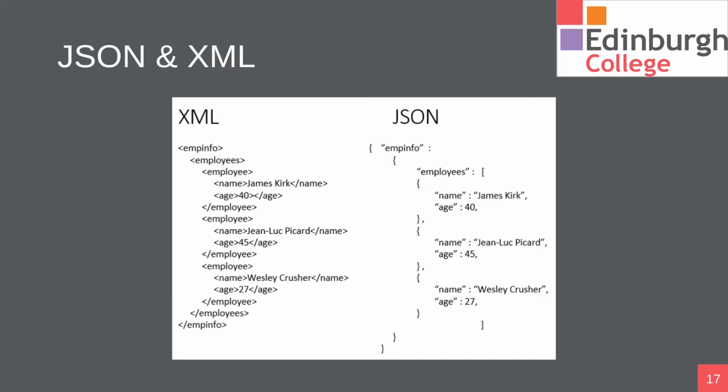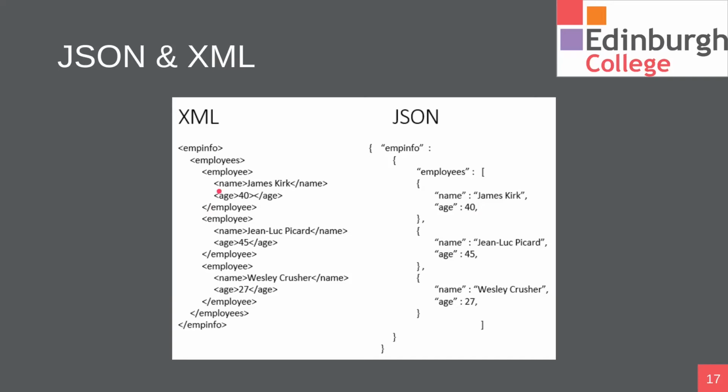So XML, we have an open tag emp info for employee info, and the same here, we have an open curled brace and then the first key here. Now inside that we have 3 Star Trek characters with a name and age key value pair, and we have the same over here.